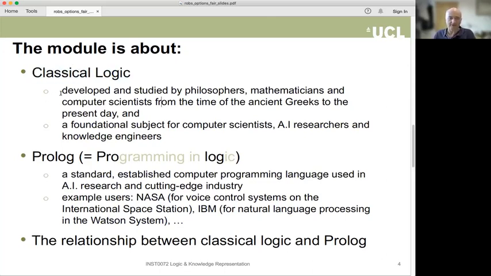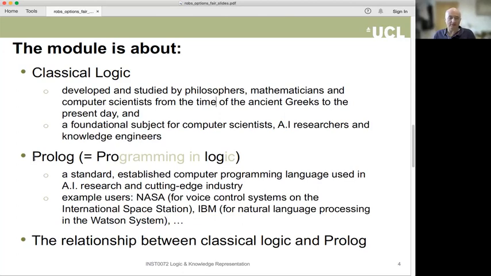So that is the standard logic developed and studied by philosophers, mathematicians, and computer scientists for hundreds of years. It's a foundational subject for computer scientists and for AI researchers. So it's important for everybody involved in knowledge representation and information science to know about logic.